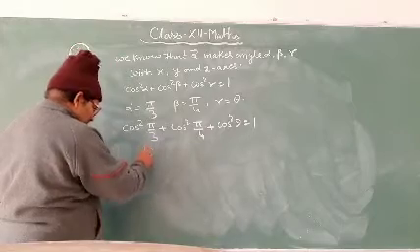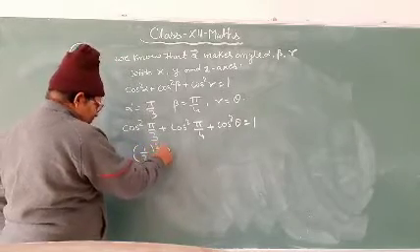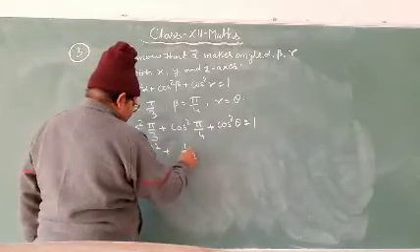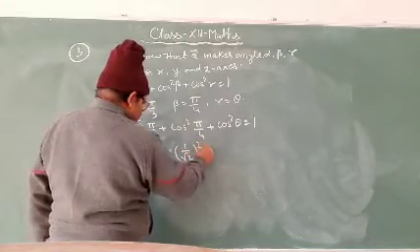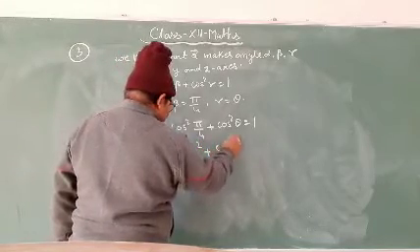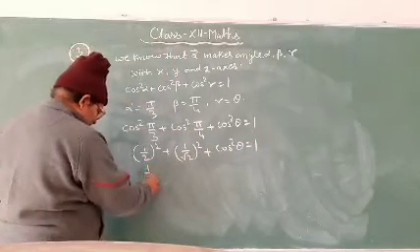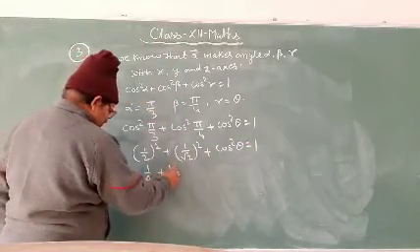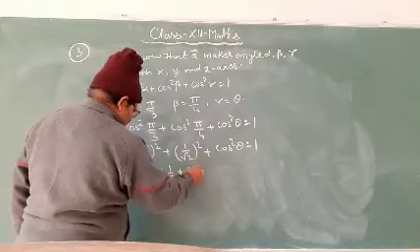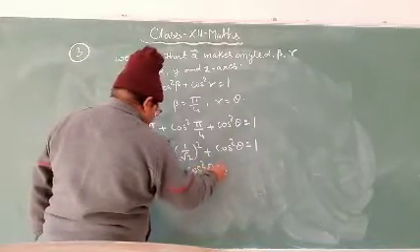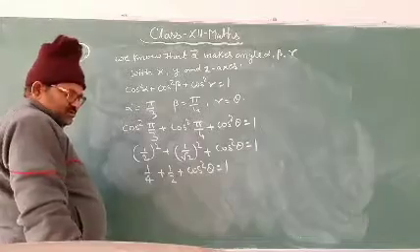So (1 by 2) square plus (1 upon root 2) square plus cos square theta is equal to 1. 1 by 4 plus 1 by 2 plus cos square theta equal to 1.